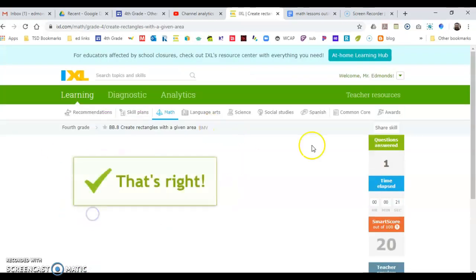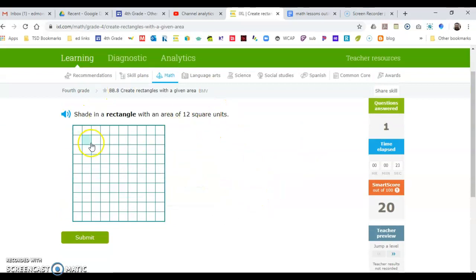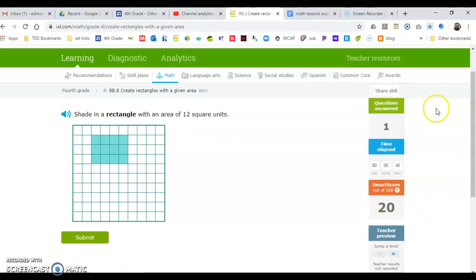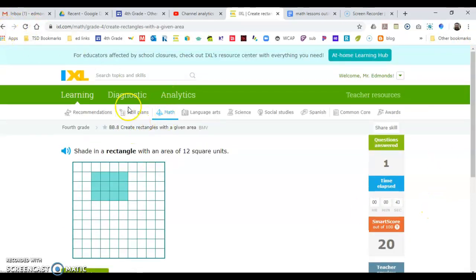That's a rectangle, and that will work just fine. Okay, this one's 12, so now you can get a little creative. Maybe you want to do an area model that's 3 by 4. So remember, we've already done area models. This would be an area model of 3 by 4, 3 times 4, or 12 square units. Okay, so try that level out too. That's BB8.